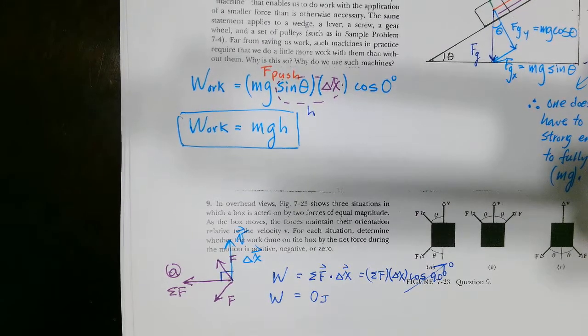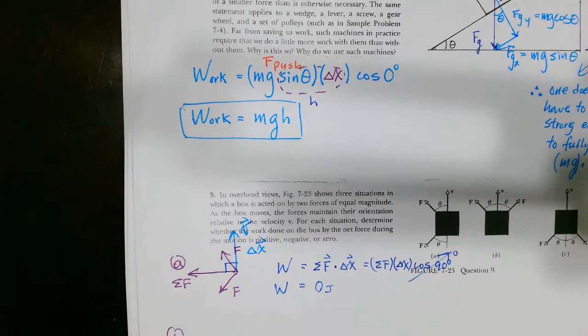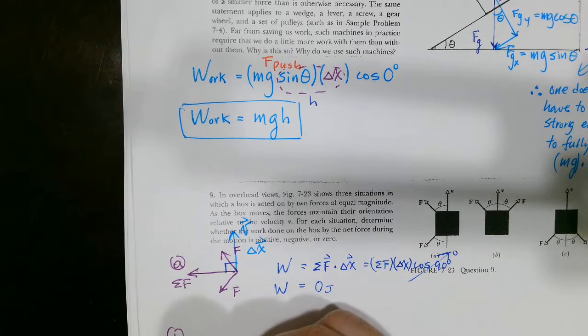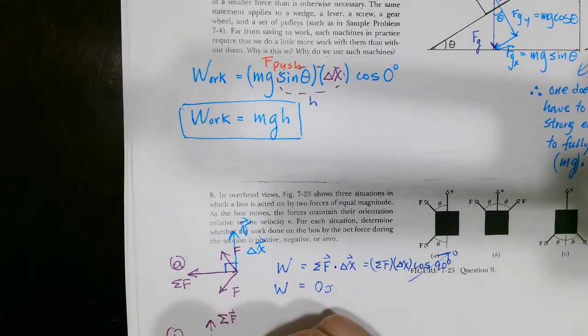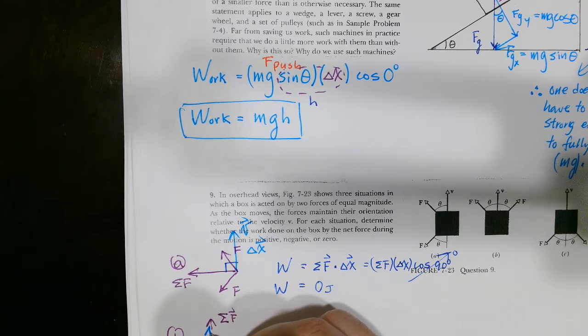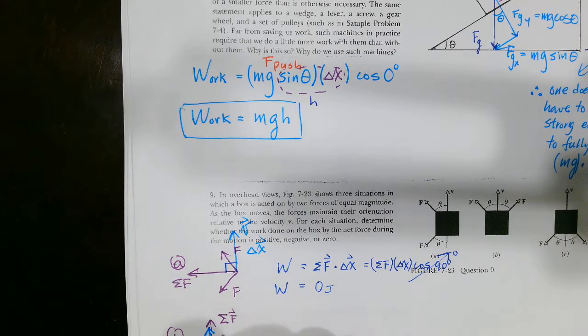All right. So what about part B? For part B, one force is going this way, another force is going that way, so my net force is going to go this way. However, my delta x is also going this way, because that's the velocity.